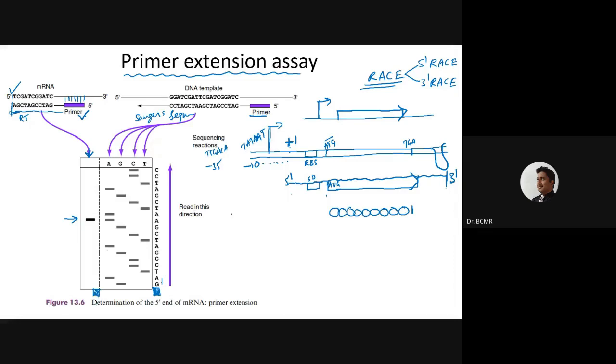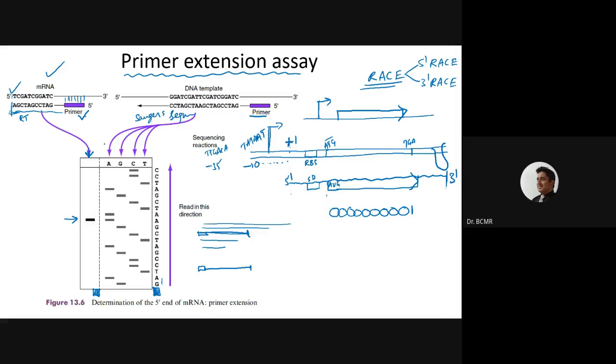I'm using the same primer for this part also, right? So in Sanger's method, it would have generated many fragments of different sizes like this. And in the primer extension method, assume the primer has generated something like this. What would that mean? This is the same, and this would mean that this is the identical sequence, right?